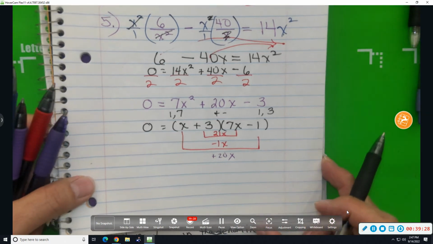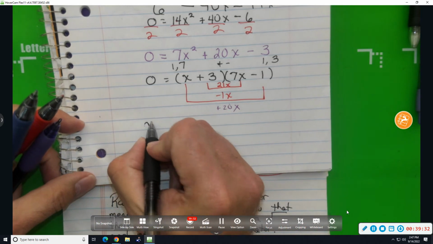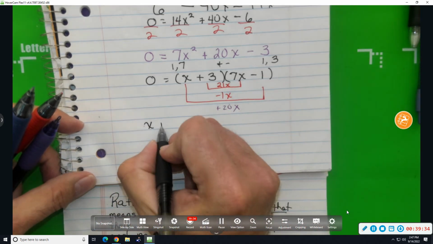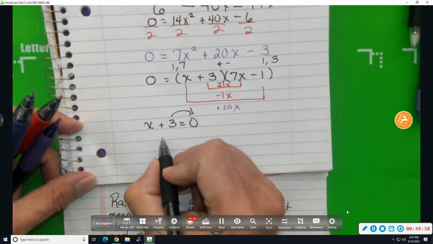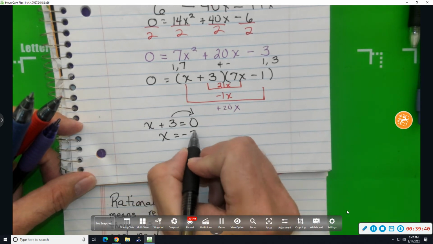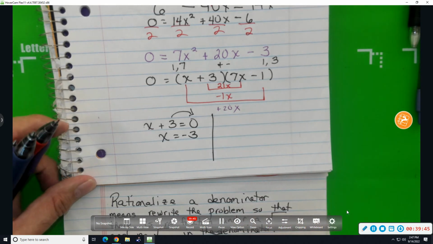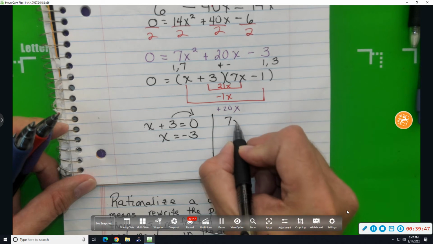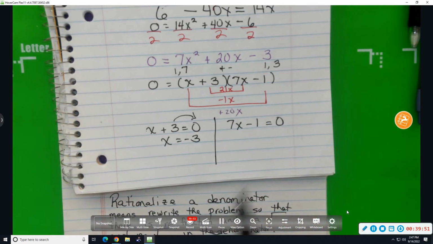And now set each factor equal to 0. And we get x equals negative 3. And the other one is a little bit more involved. 7x minus 1 equals 0.